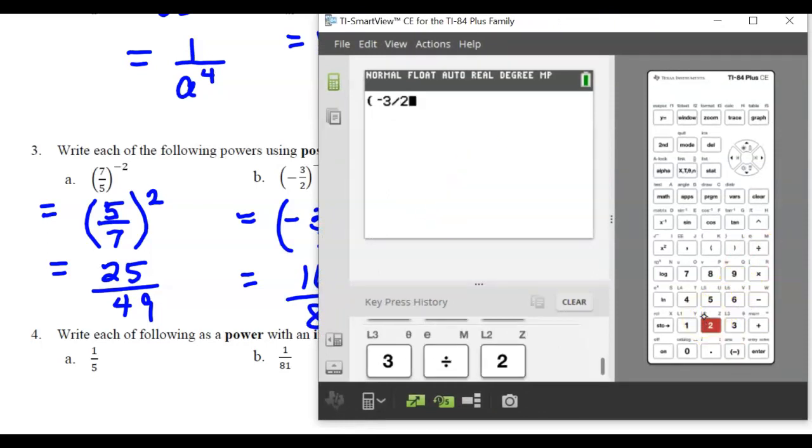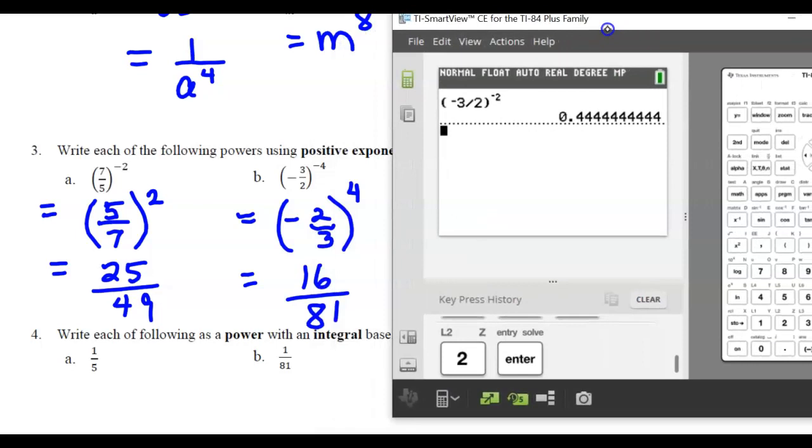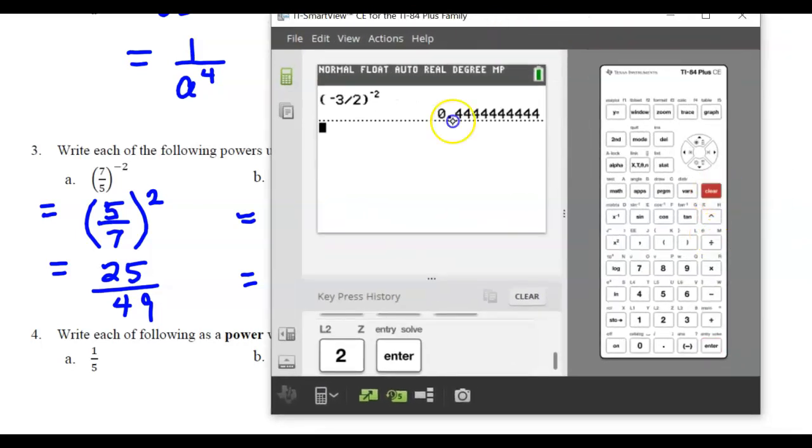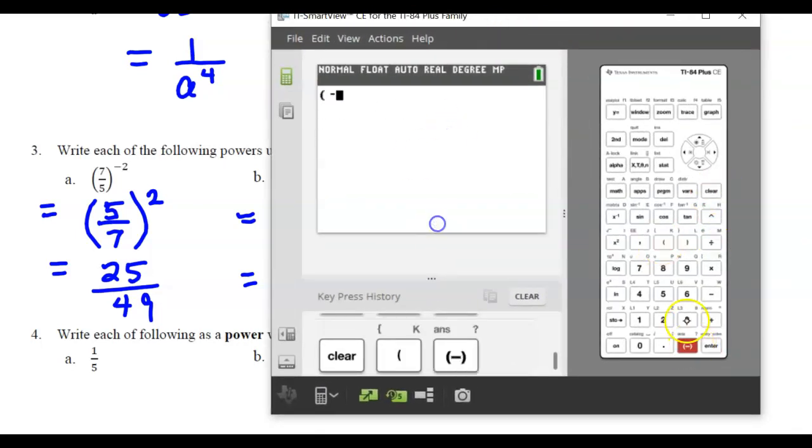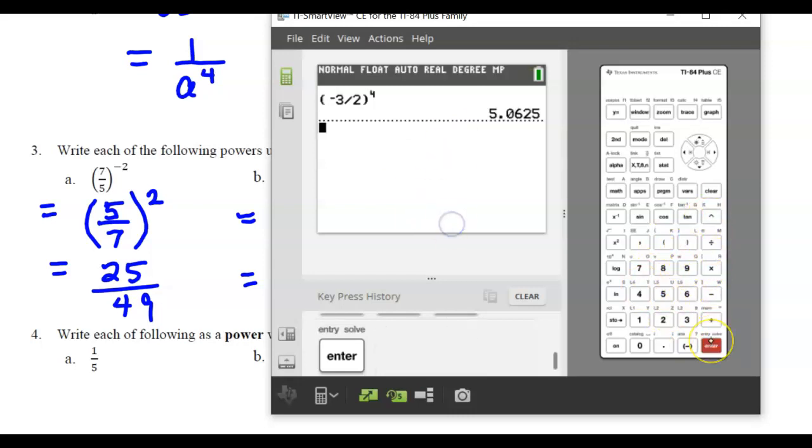You can use fractions if you want. Close that and raise it to the exponent negative 4. Bracket negative 3 over 2 to the exponent 4 gives you that decimal form.